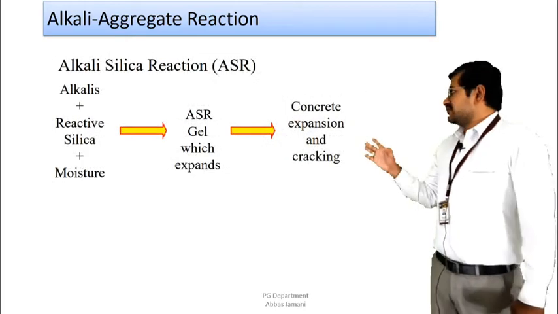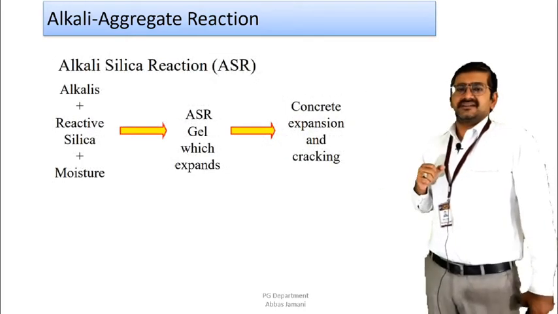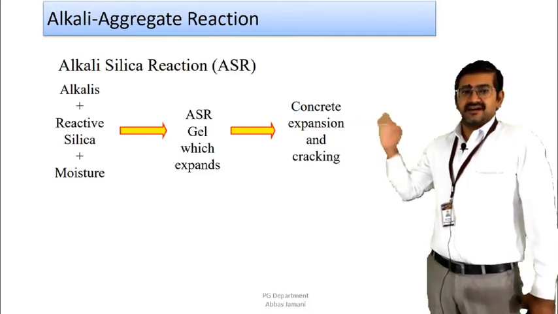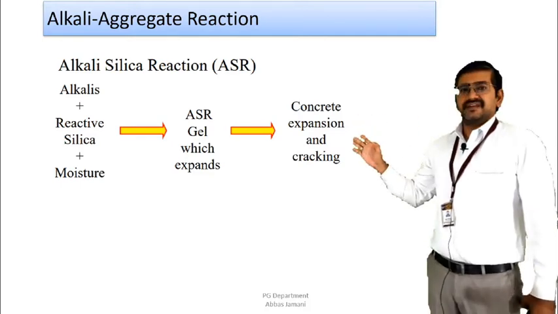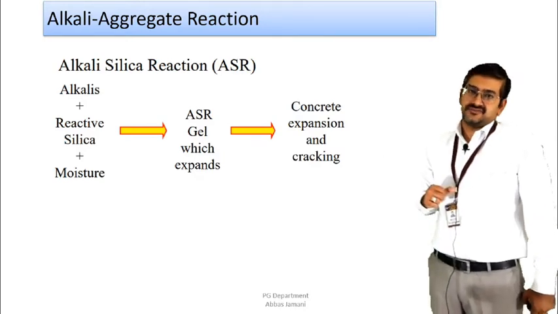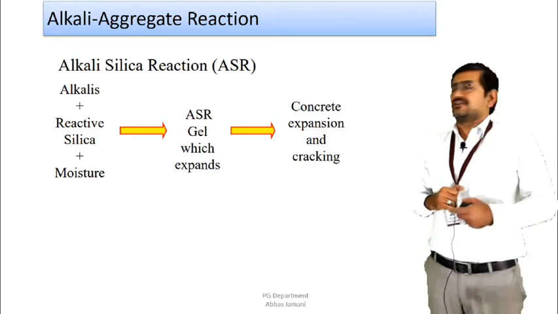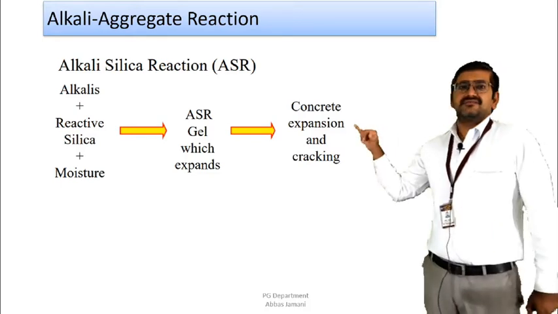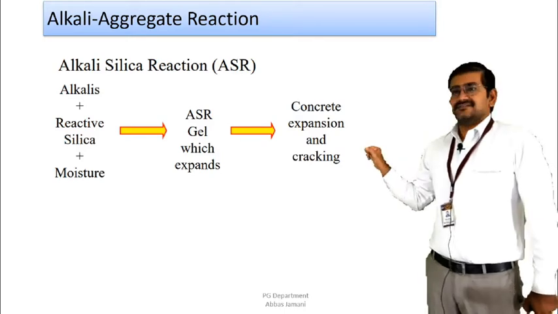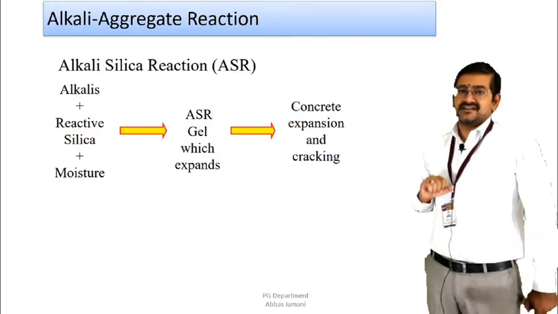If we look at the sequence in which this alkali silica reaction takes place, first the presence of alkali is needed, then the presence of reactive silica, and along with that, moisture as well, right? The alkali will come from the cement phase. The reactive silica will come from the aggregates that we are selecting.